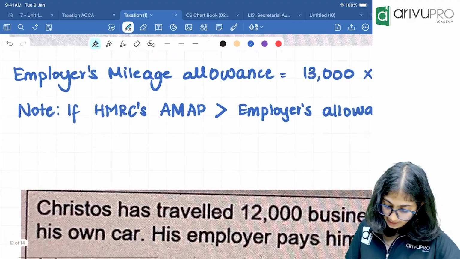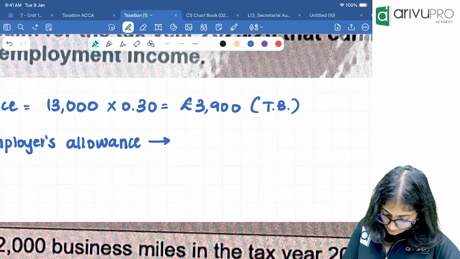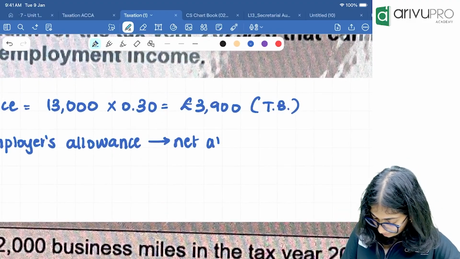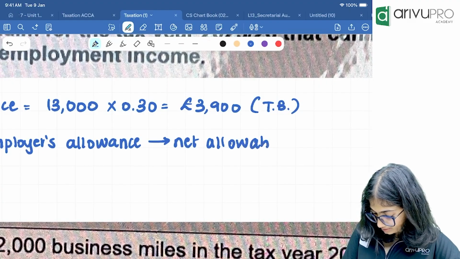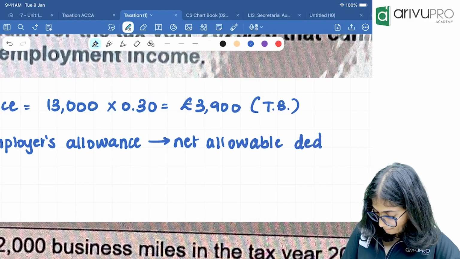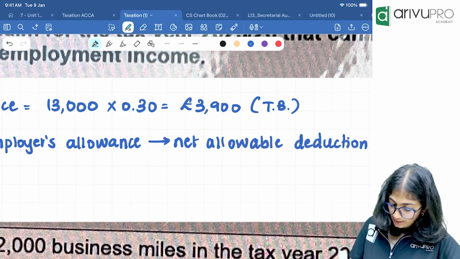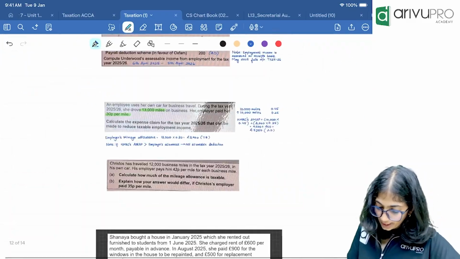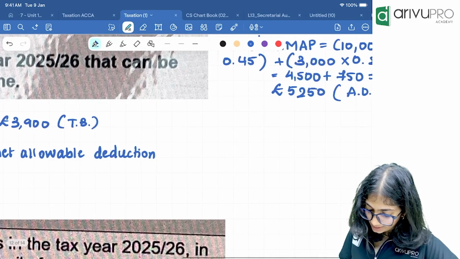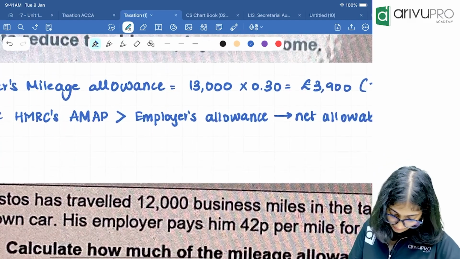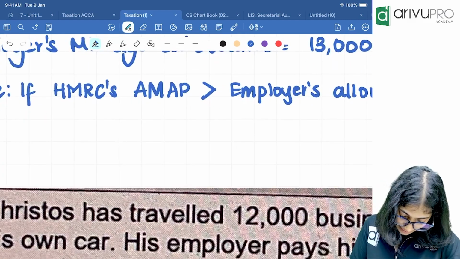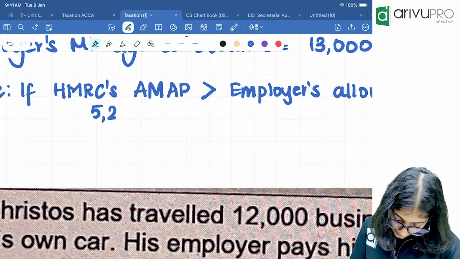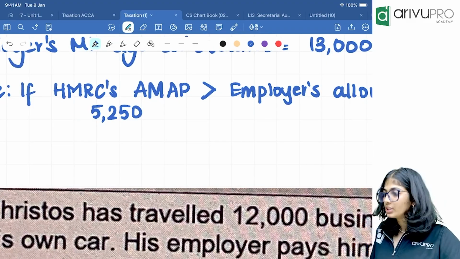How much? There will be a net allowable deduction. HMRC told that you can deduct a total of 5,250. 5,250 is your allowable deduction.